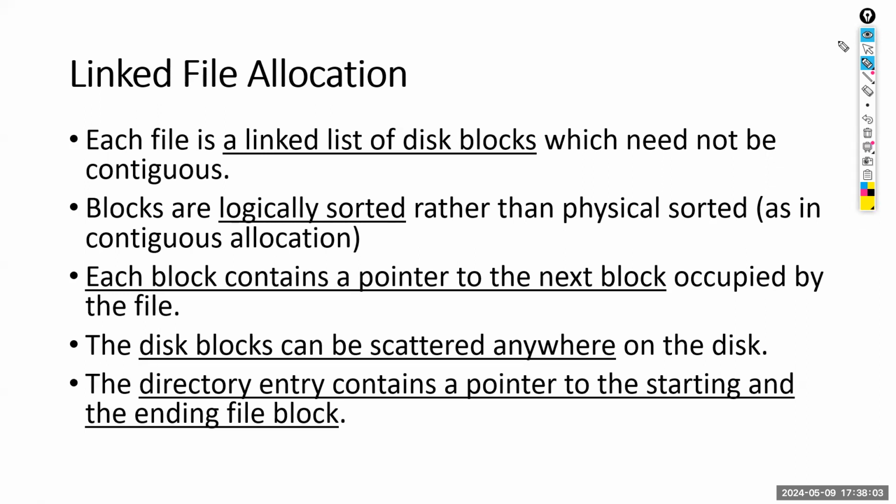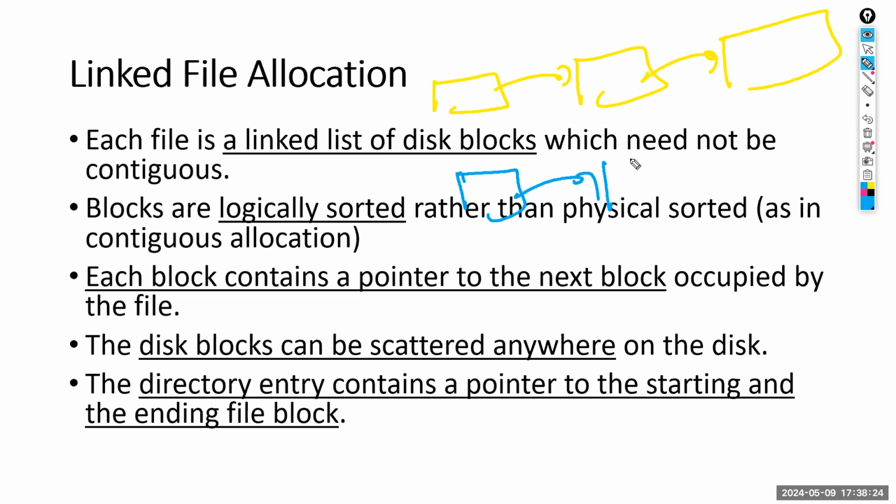This block keeps the address of the other block where the rest of the file is. This is called a linked list in programming. This is linked to this and this is linked to this. This is for one file. Maybe for another file, we keep track of those.